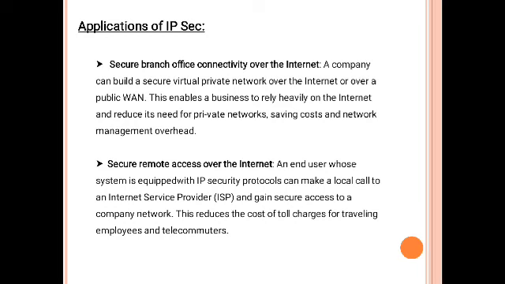Banks will have many branches, so each and every branch's information should be in one place and it will be transferred from one branch to another branch. So in these cases we use IP security.